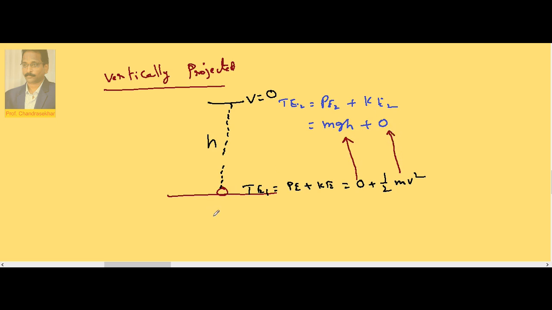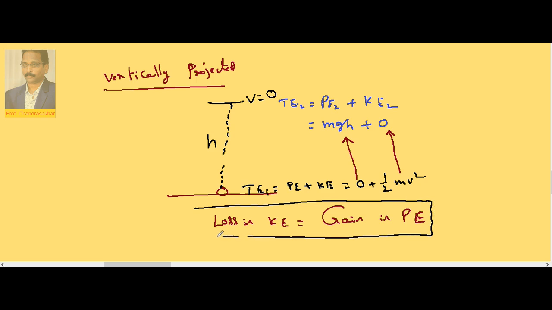So at any instant, loss in KE is equal to gain in PE. So this is the law of conservation of energy. As the body is moving up, it loses kinetic energy but at the same time gains potential energy.